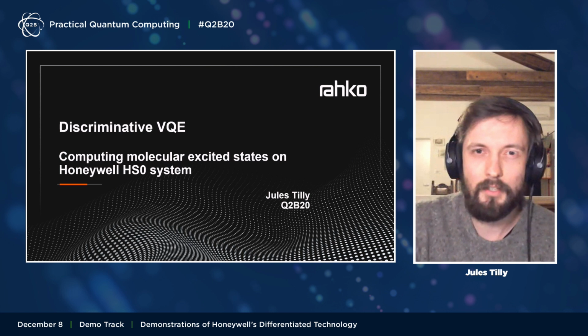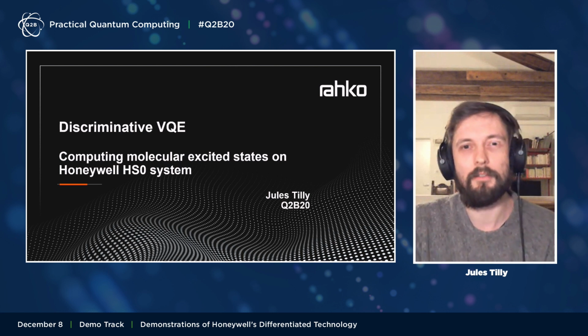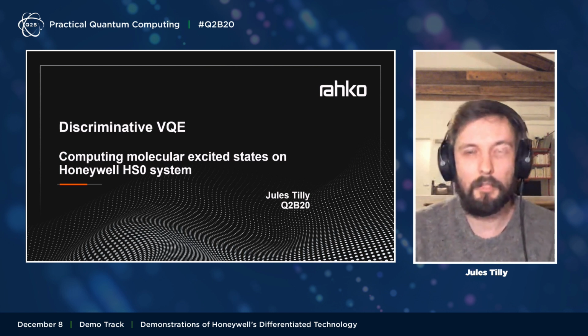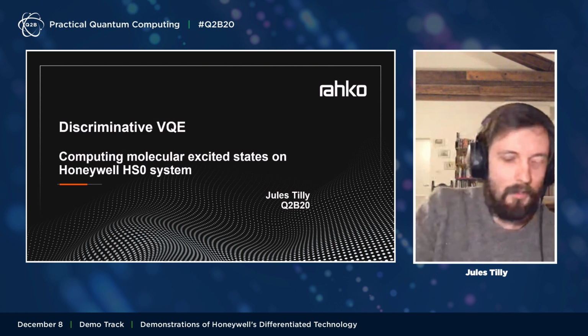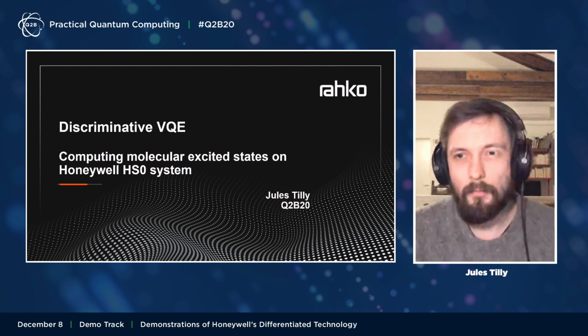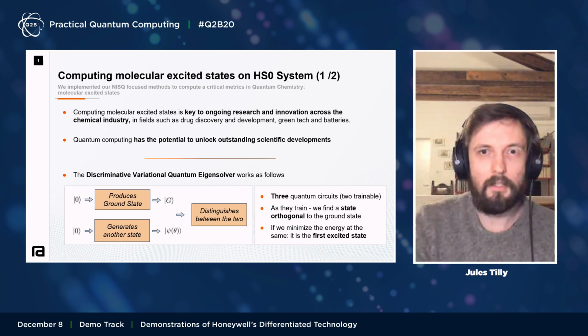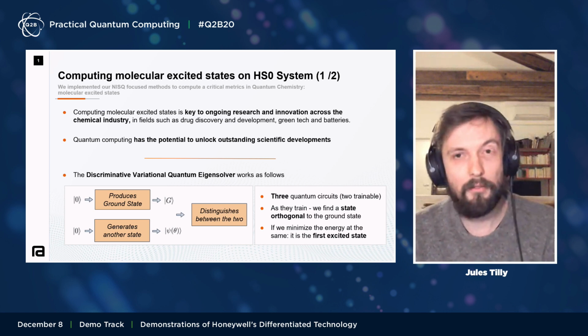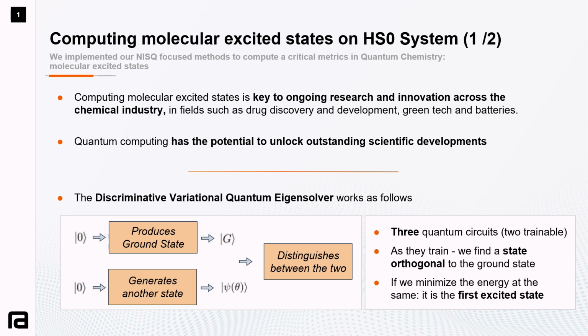I'll start my presentation now, and we're going to talk about implementing a computation of molecular excited states on Honeywell's system. At atRahko, we focus on finding new methods of using quantum computers to solve quantum chemistry problems.